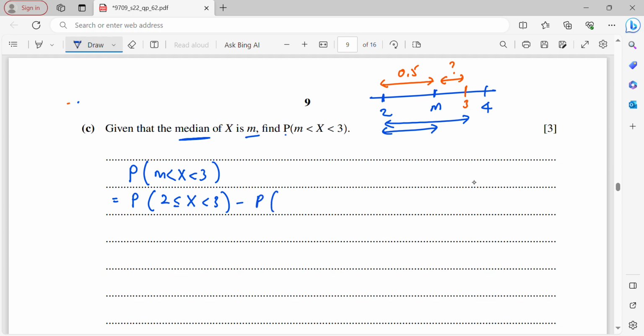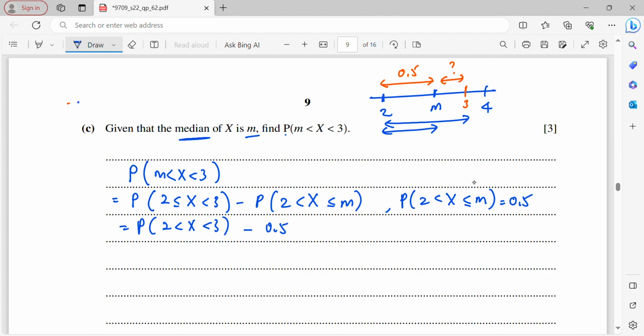The probability of 2 to m is basically 0.5. Now for your information, since this is a continuous random variable, the equal sign or not equal sign is the same. So now this is the same as P between 2 and 3 minus 0.5.